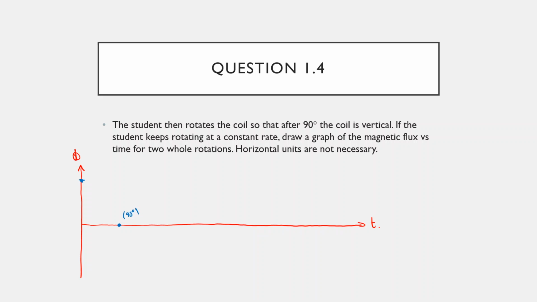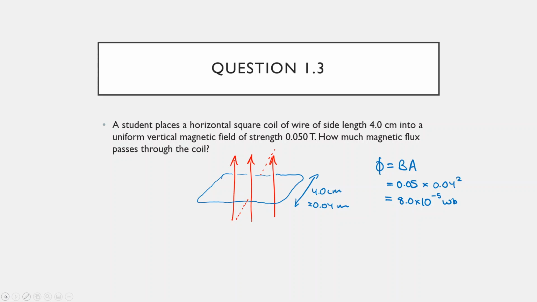After another 90 degrees, what do you think is going to happen? So now we're at 180 degrees. Think about it. You're rotating this coil, and this is where it comes in handy to determine a direction for the magnetic flux. So let's determine this side of the coil to be the positive side. As of right now, the flux is coming out of the positive side.